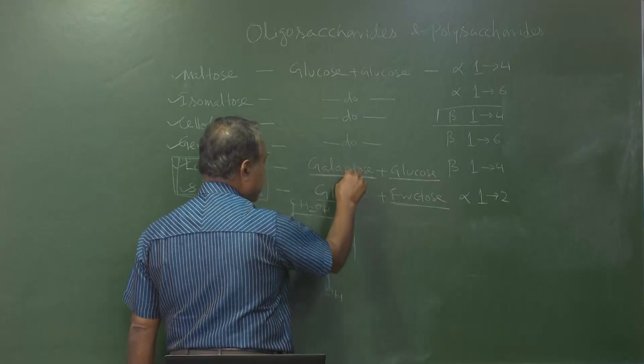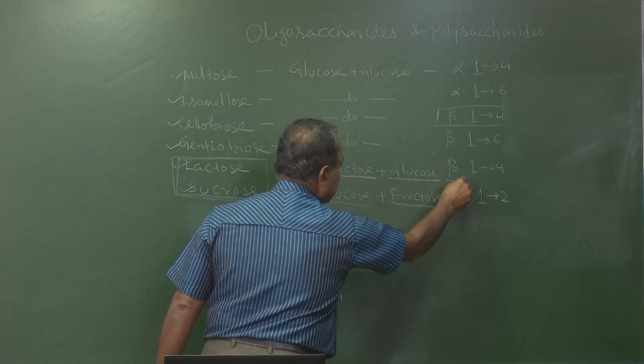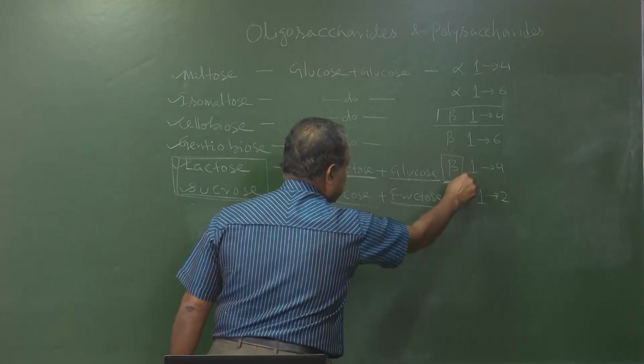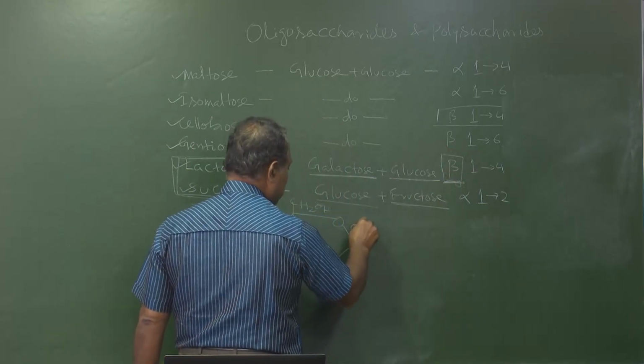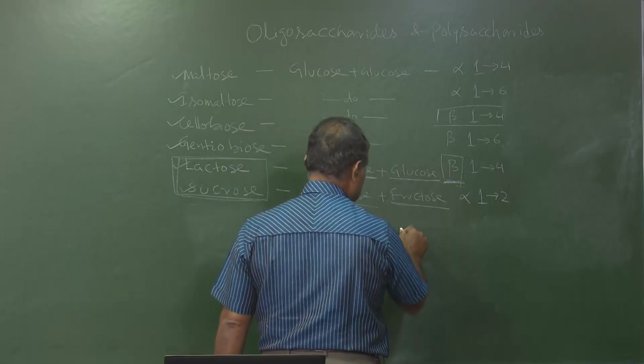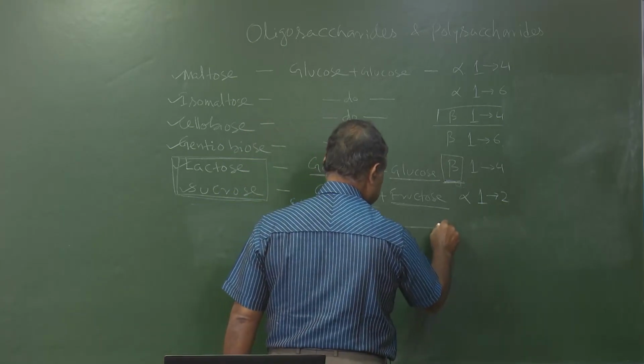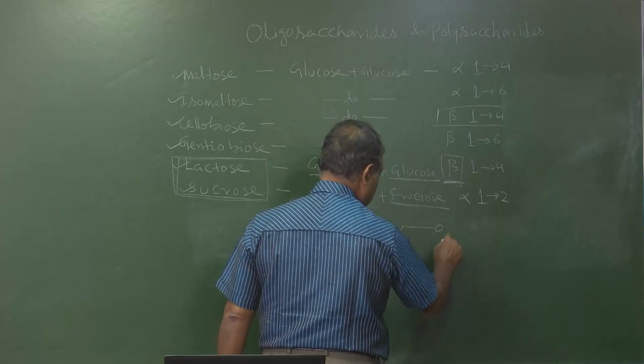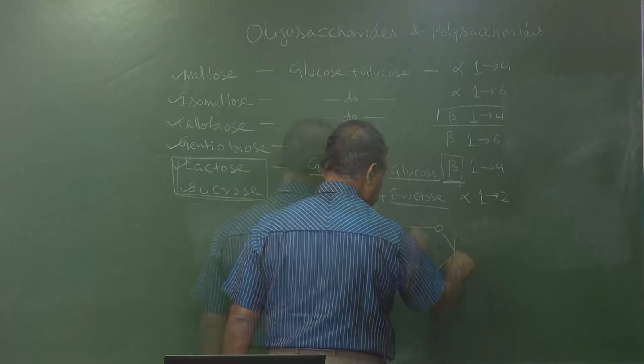It will be beta galactose, and you just mark it. It is beta. So OH will be here, H will be here. Then glucose. Glucose is also beta.